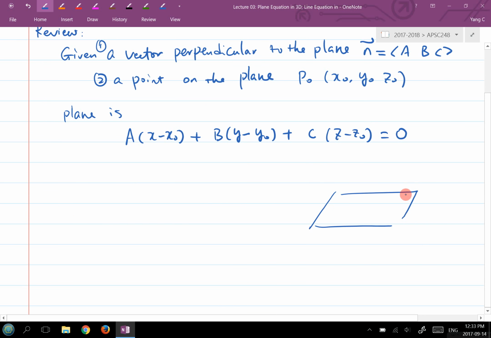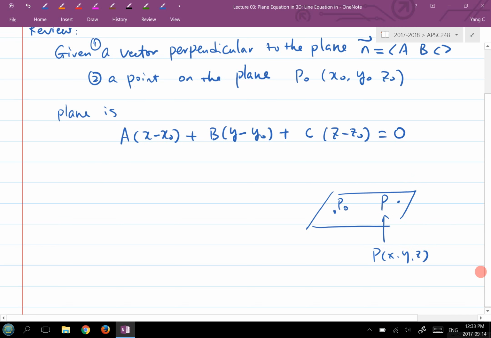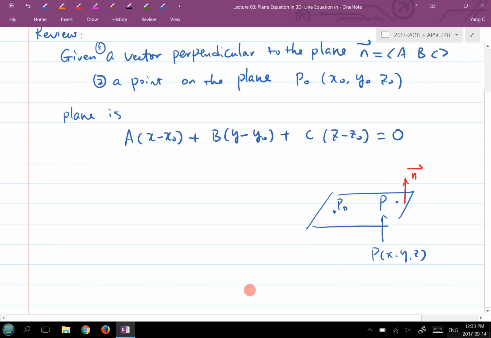If this is the plane we're looking for, and the plane contains P0, and the plane, of course, has an arbitrary point P on it, with coordinates x, y, z. At the same time, you have a perpendicular vector n to the plane. So the n that is here is perpendicular to any vector in the plane.